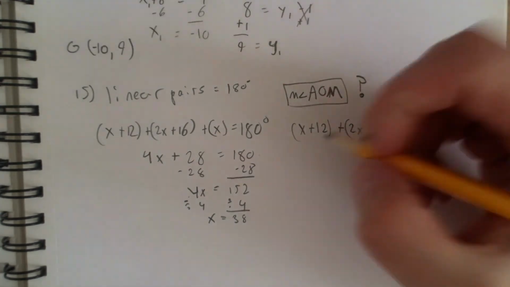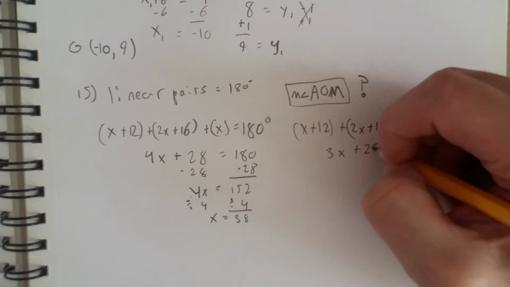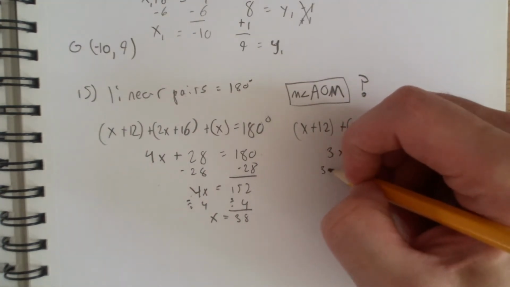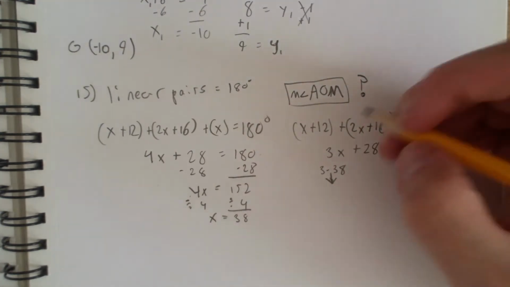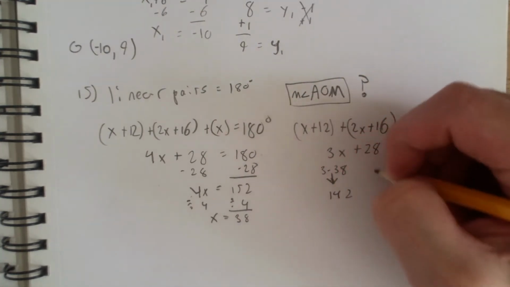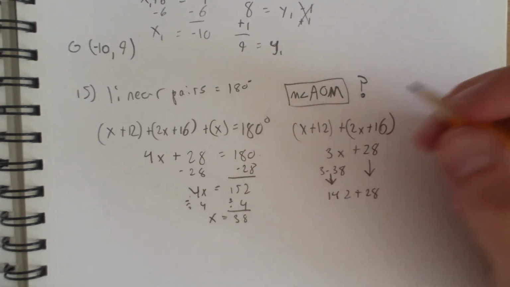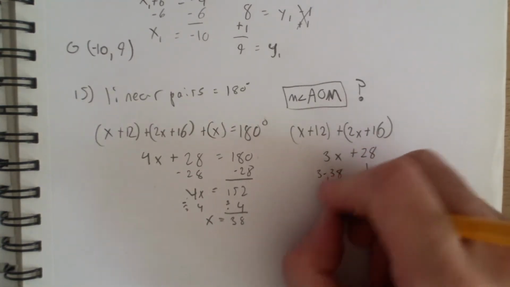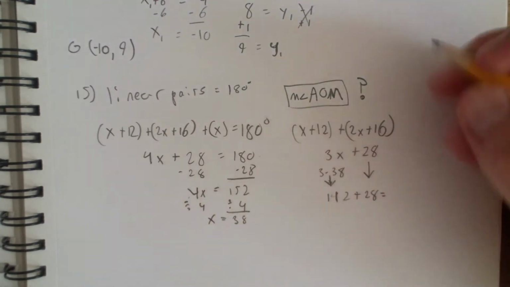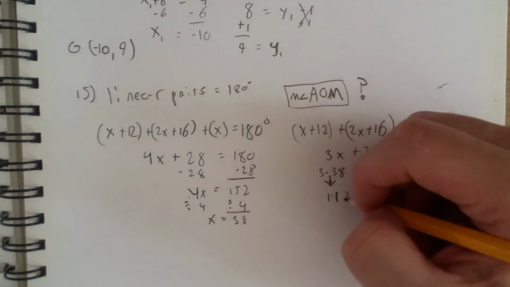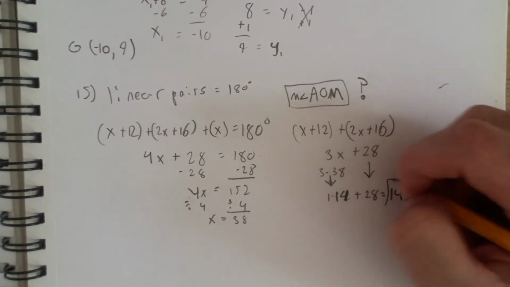So now we say 3x plus 28, drop in our value, 3 times 38, which is 114. 114 plus 28 gives us 142. That's going to be our answer for AOM.